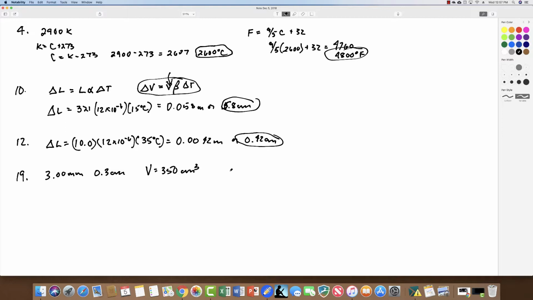The cross-sectional area of the cup is going to be equal to pi times its radius squared. Its diameter is 7, so the radius is 3.5. So that's going to equal pi times 3.5 squared. And that's going to be, so the cross-sectional area of this cup is 38.5 centimeters squared.